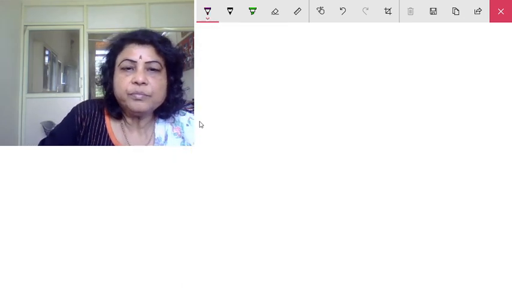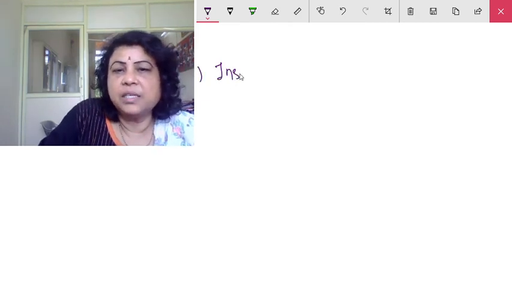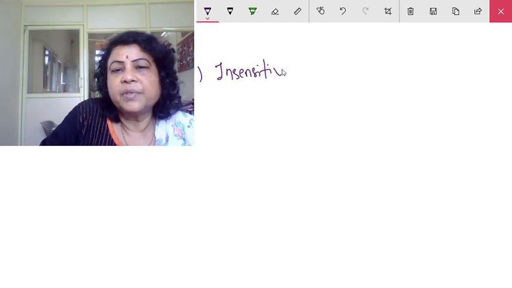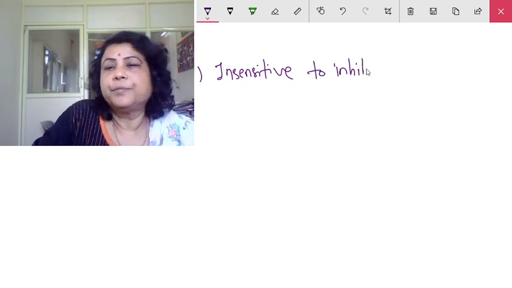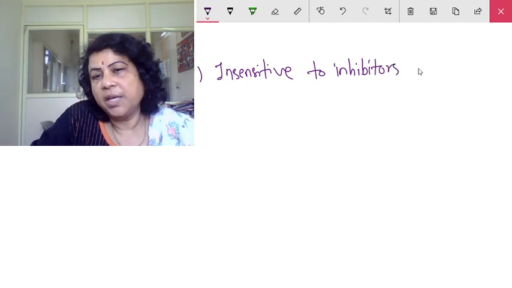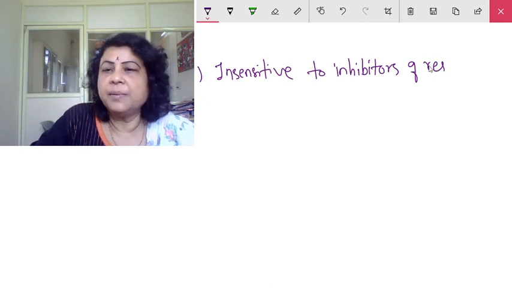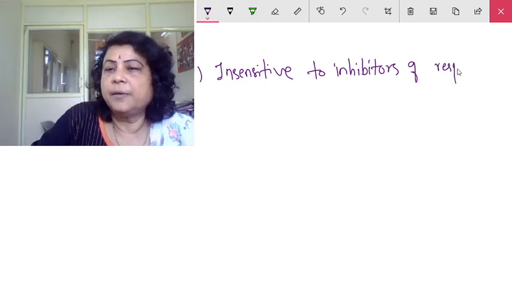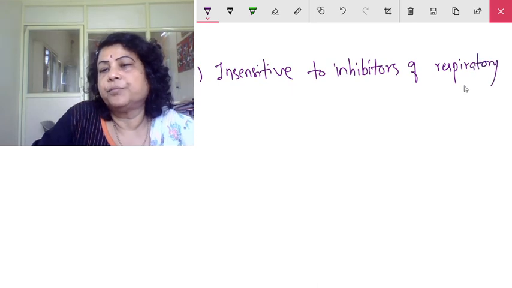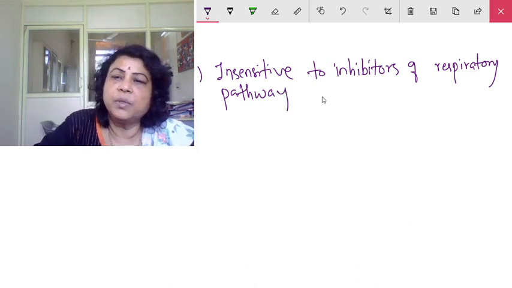So what are those characteristic features? First, they are insensitive to inhibitors of the respiratory or aerobic pathway.